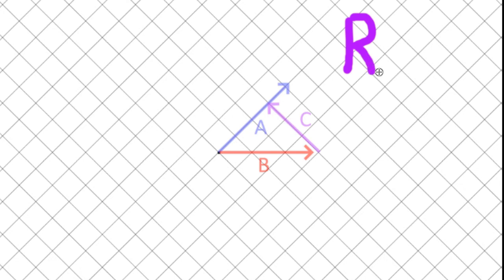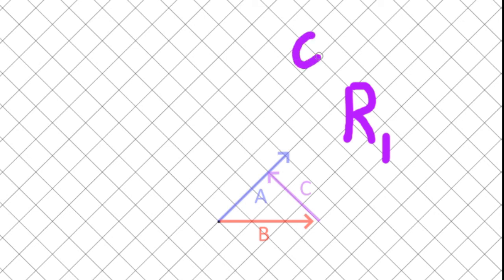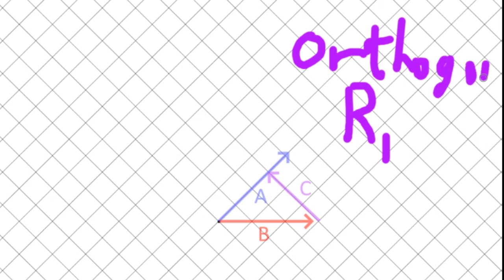O looks a little bit like 0, so we'll call it R. So the orthogonal vectors we'll call R1 and R2. And if you have higher dimensions, it's going to be R3, R4, etc.